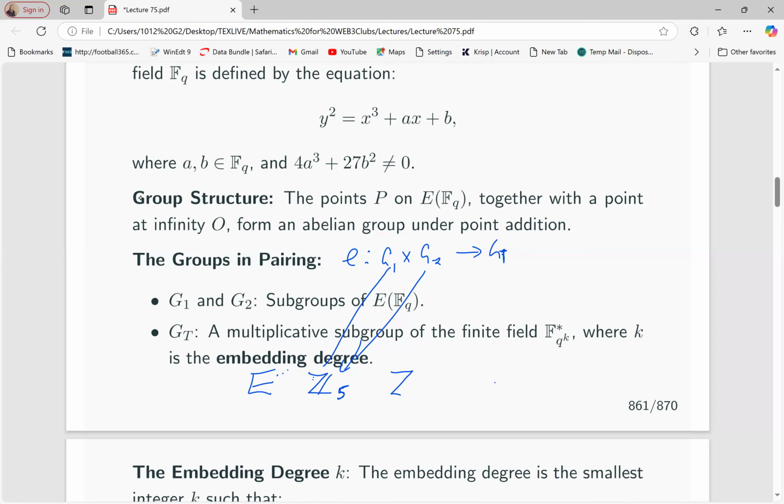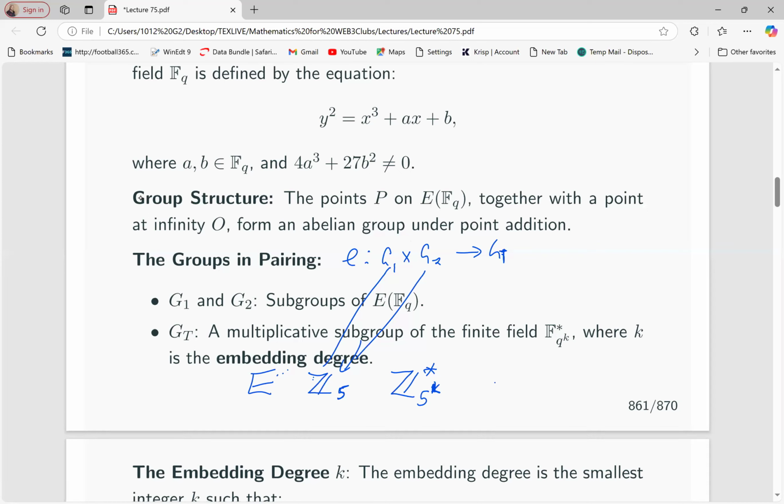It would be coming from Z5 star, raised to K, where K could be 1, 2, 3, and K, therefore, is just the degree of the polynomial that is used for the field extension. So K could be 1, could be 2.